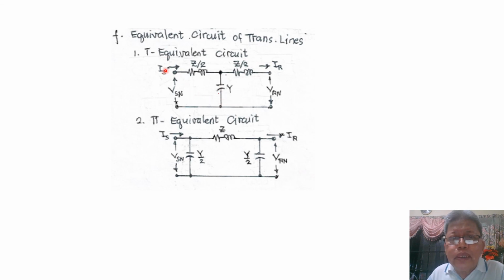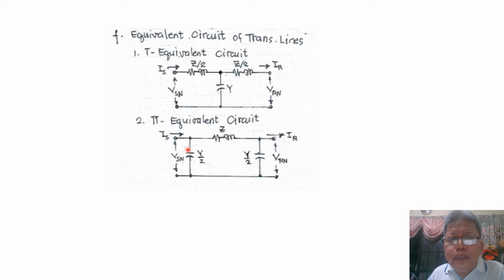And so at the sending end, we have VSN, line to neutral voltage, and then we have the sending end current I sub S. And at the receiving end of the line, we have VRN as our terminal voltage here, and if we have a load connected here, then receiving current IR will flow.